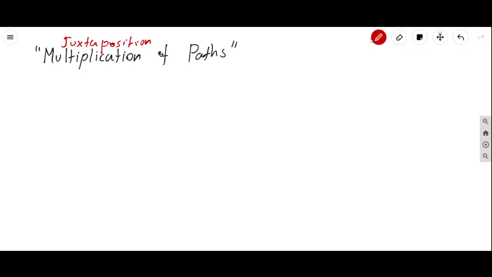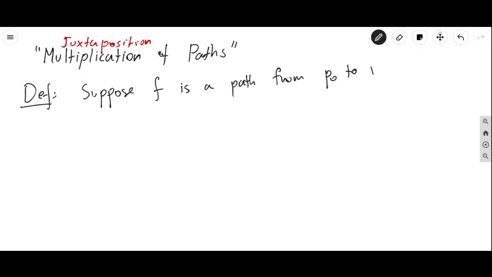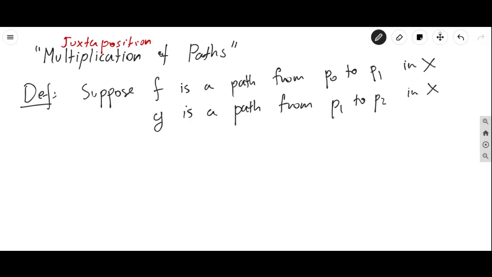So the situation here is going to be that, suppose f is a path from P0 to P1 in X, and g is a path from P1 to P2 in X. So notice that they are from different points.